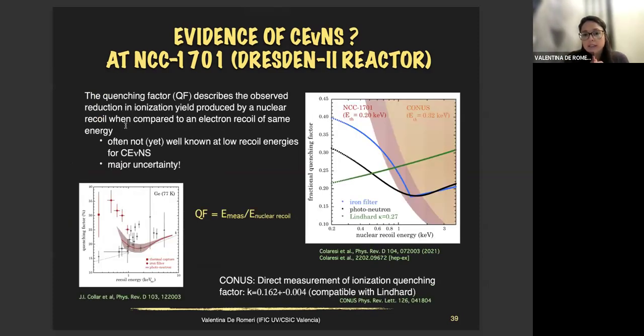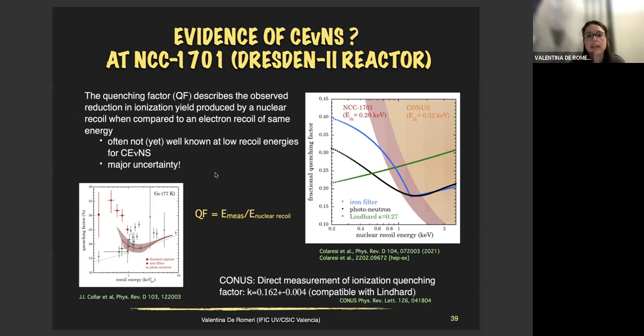So experiments that rely on ionization, but also on scintillation, need to use this quenching factor, which is basically a quantity that describes the observed reduction in ionization yield produced by a nuclear recoil when we compare it to an electron recoil of the same energy.